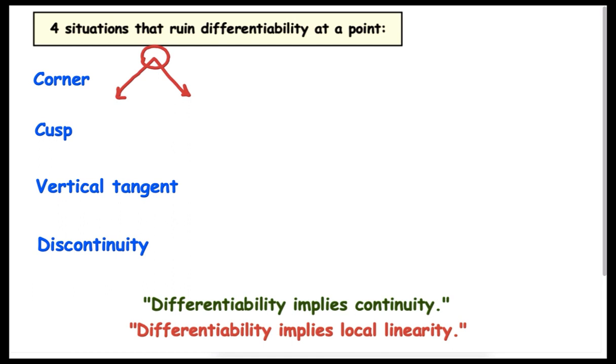A cusp is a corner with a bit of attitude about it. As much as I wouldn't want to scrape my arm or my finger along that and pierce myself, I definitely don't want to get jabbed by that thing. That's even nastier. A cusp is when the slopes are heading towards infinity and negative infinity.